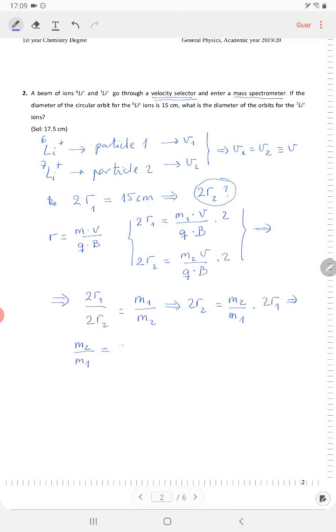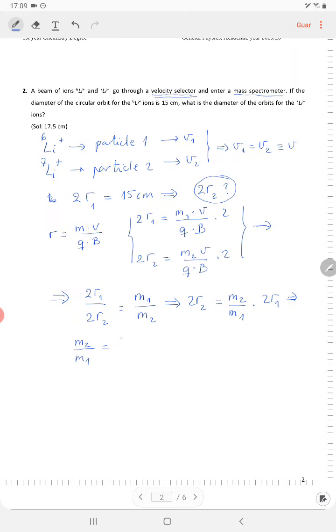They have the same number of electrons, so the ratio of masses is M7 over M6, which is 7 divided by 6.